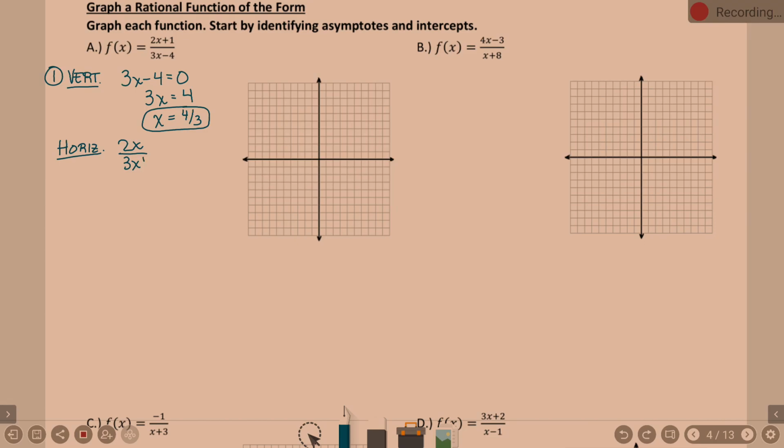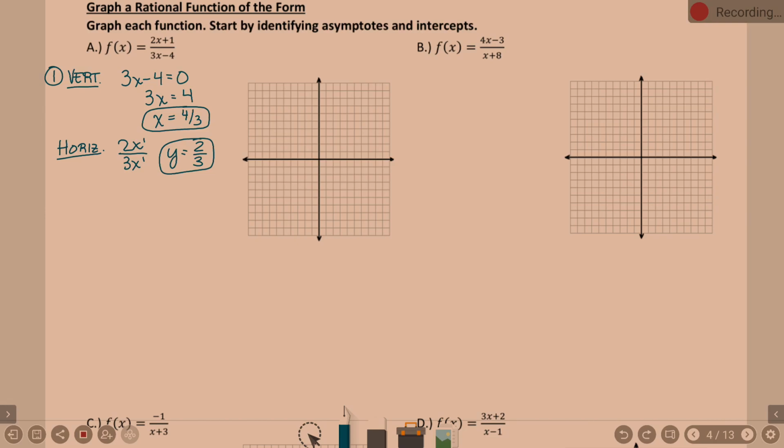So what do you notice about these powers? When the powers are the same, what do we use? The leading coefficient. So we use the numbers that are out front there. So we're going to use y equals what? 2 over 3. Okay? So those are my asymptotes.